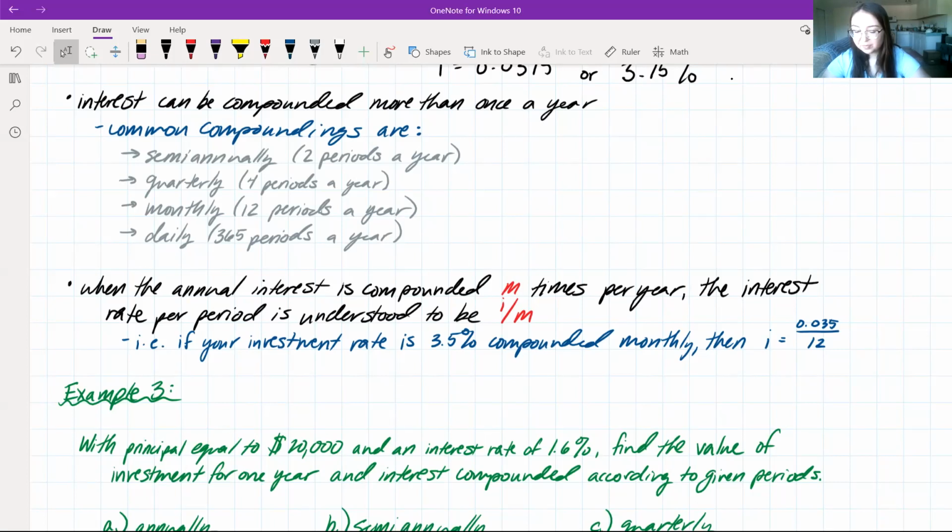So that's what our m times a year plays here. Here's another example. If your investment rate is 3.5% compounded monthly, then your new interest rate is going to be 0.035 divided by 12. So your new interest rate will be whatever initial interest rate you had divided by however many times that you are compounding that year. So you're always going to do that whenever you see that we're compounding multiple times a year.